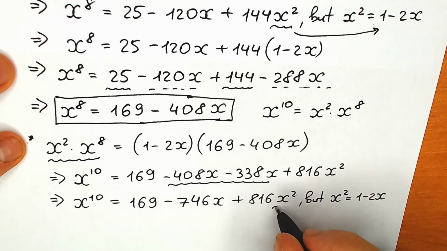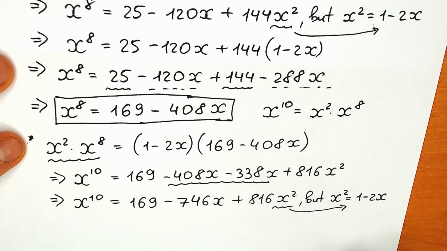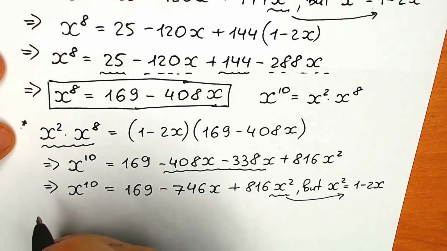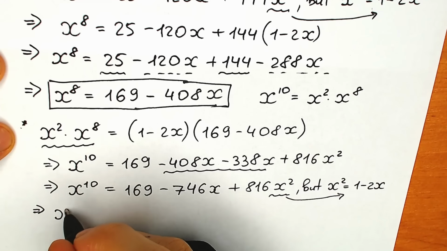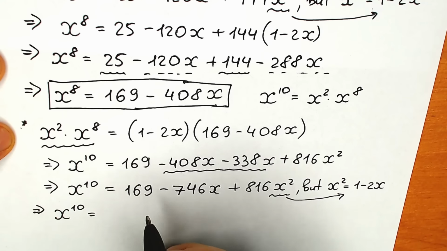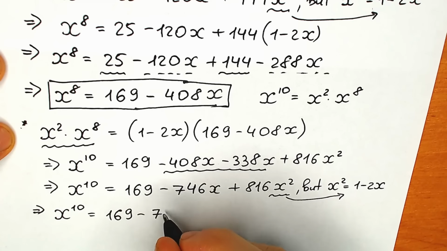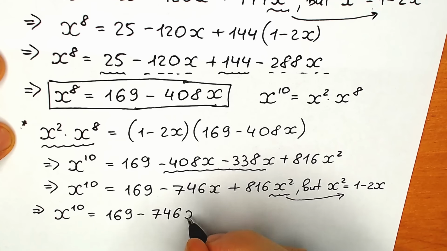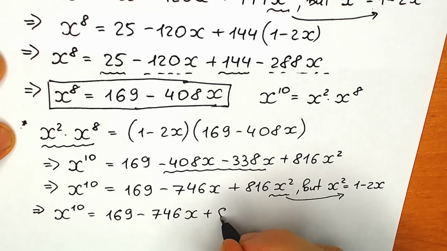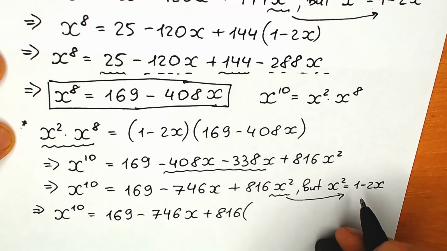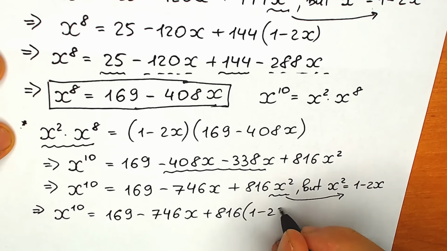So instead of this x squared, we plug in 1 minus 2x. So we have x to the power 10 equal to 169 minus 746x plus 816, and instead of x squared, we plug in this one, 1 minus 2x.